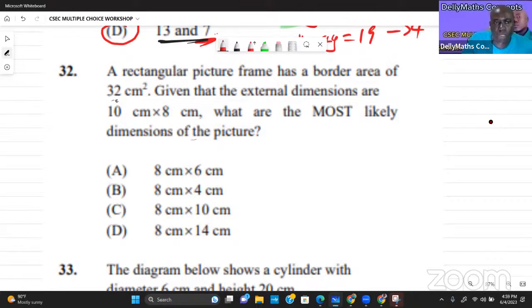All right, so we're talking about a rectangular picture frame, given that the external dimensions are 10 cm and 8 cm.